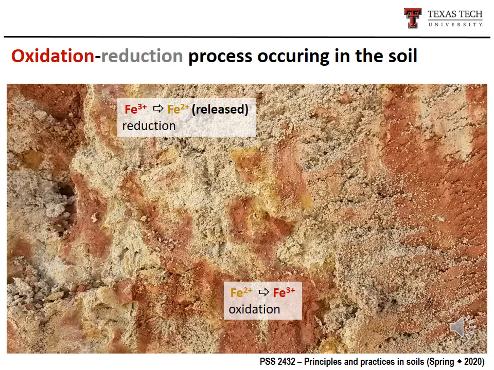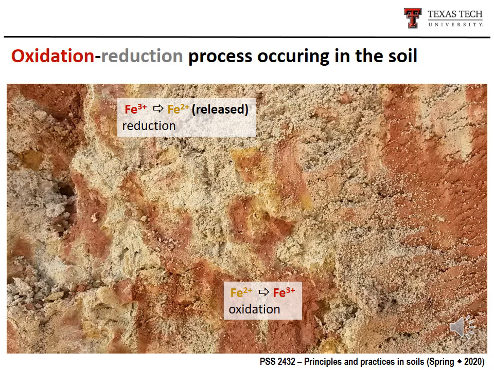Okay, what happened here? For example, if you look here in this gray region, what happened here? Under anaerobic conditions, there are some bacteria responsible to reduce the iron 3 to iron 2.